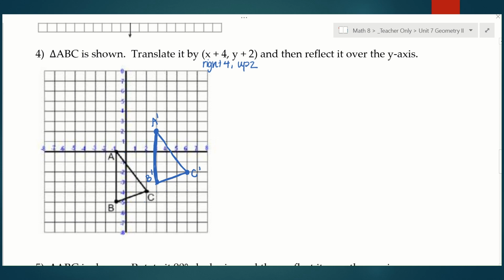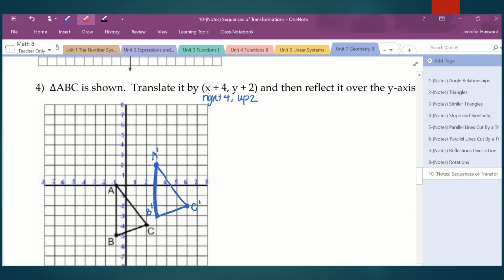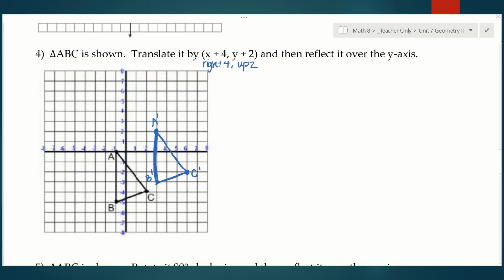Okay, and then it says we have to reflect that over the y-axis. So, count. Let's start with A prime. A prime is 3 away from the y-axis, so in the opposite direction, A double prime will be right here. B prime is 3 away, so 3 away in the opposite direction, ends up being there for B double prime.